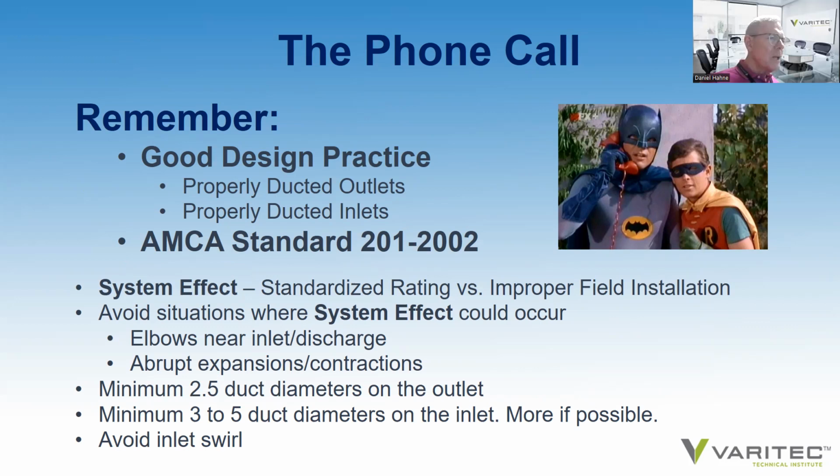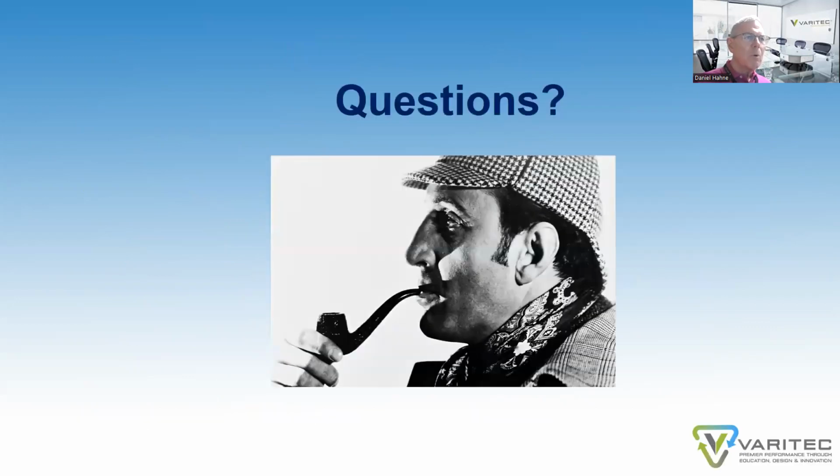Make sure that the transitions are properly orientated to reduce the amount of system effect, and then use 201 to calculate the static pressure gain in a system where there's not the space available to provide the ideal conditions, but at least now you have a fan designed with the horsepower necessary to create the fan flow rates that you are needed to meet the building requirements.